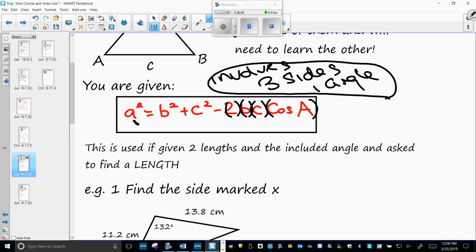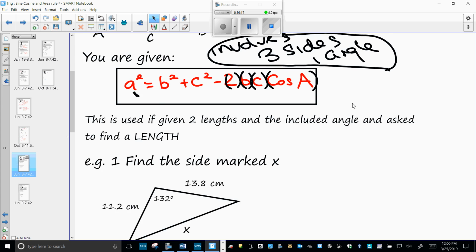So still 4 parts, and you're still trying to find one of those 4 parts. The cosine rule involves 3 sides, 1 angle.